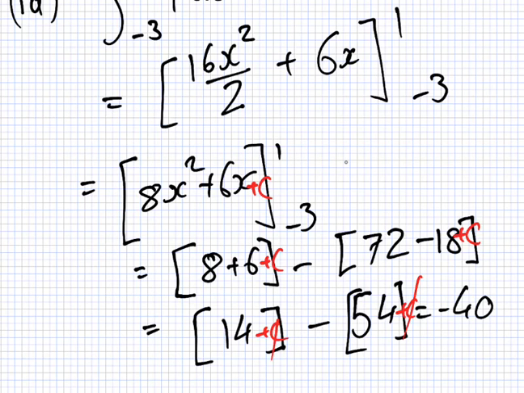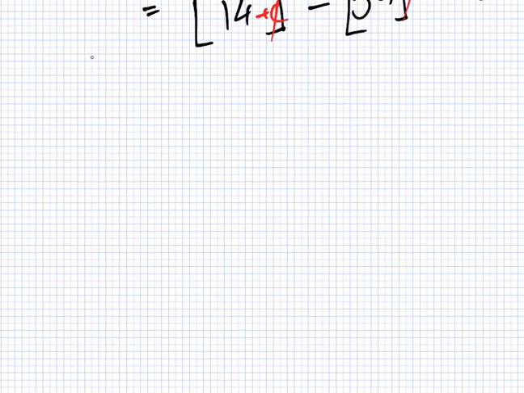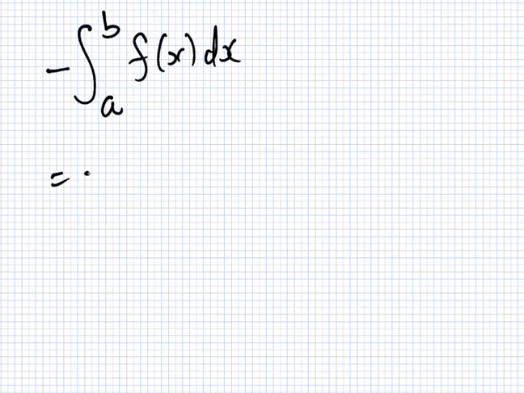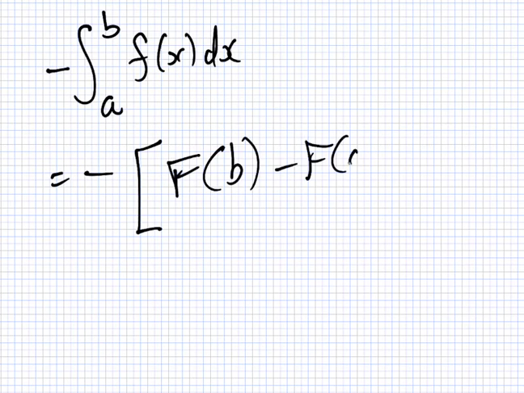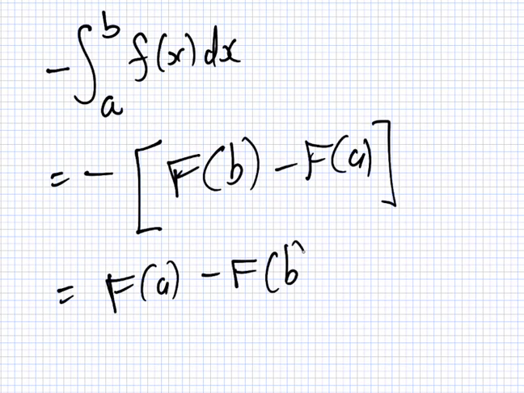Can I scroll down? Yes. So, firstly, suppose we had minus the integral from a to b of f(x) dx. That would be minus f integrated b minus fa. Okay, but that is fa minus fb, which is actually the same thing as the integral from b to a of f(x) dx.